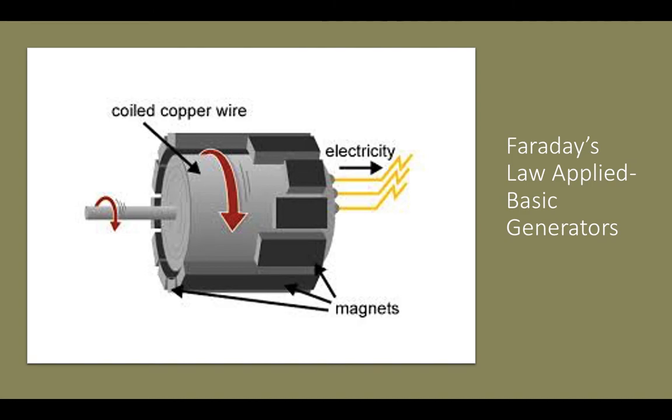It is an induced current given by us changing the magnetic field in relationship to the individual wires and magnets that are inside this generator, and that is how we apply this concept to produce something like electricity.